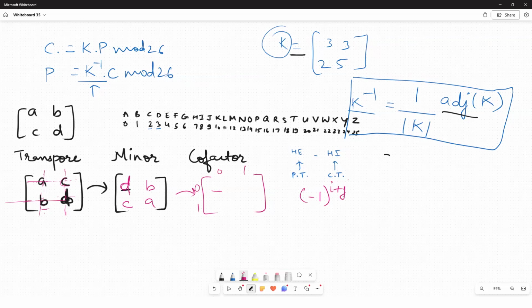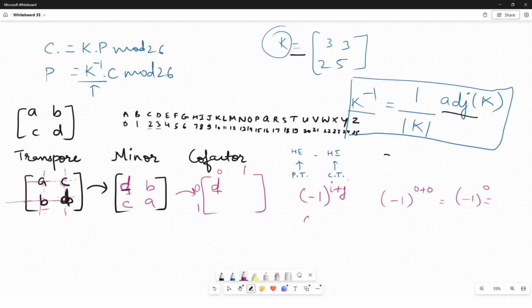So -1 to the power of 0 plus 0, which is -1 to the power of 0. What exactly is that? Is that a positive value or a negative value? Positive? Yeah, positive value. So D would remain as is.